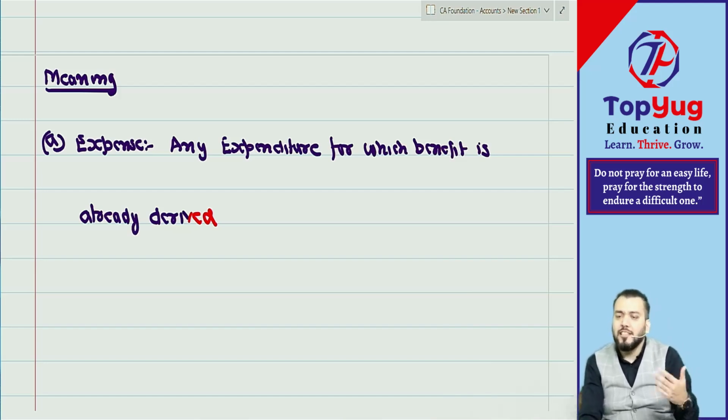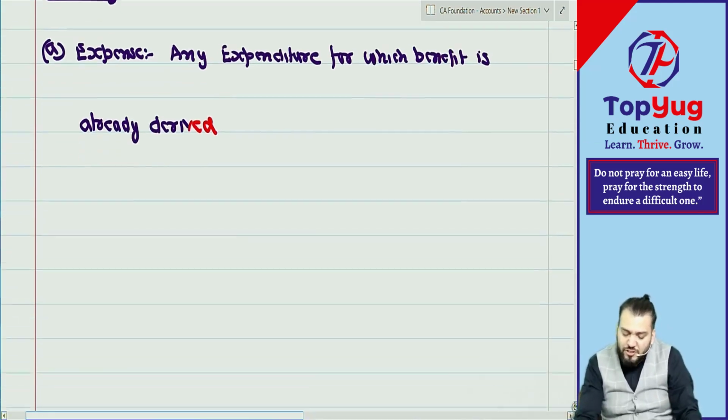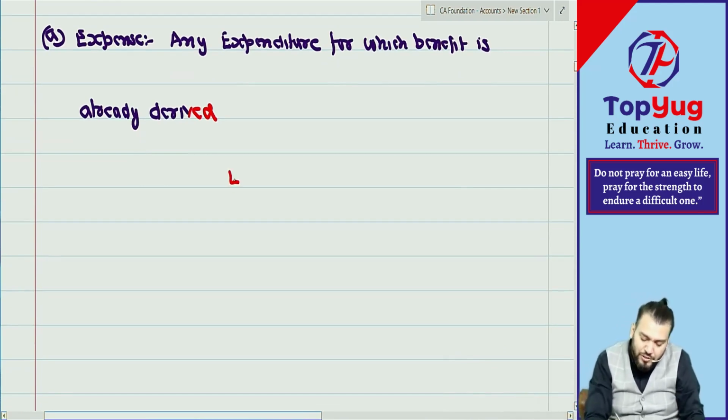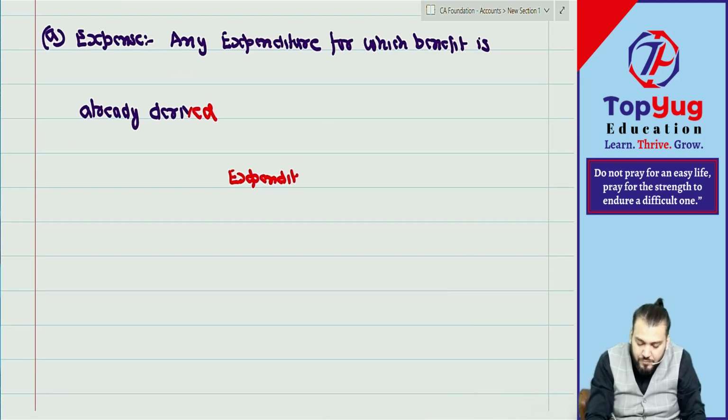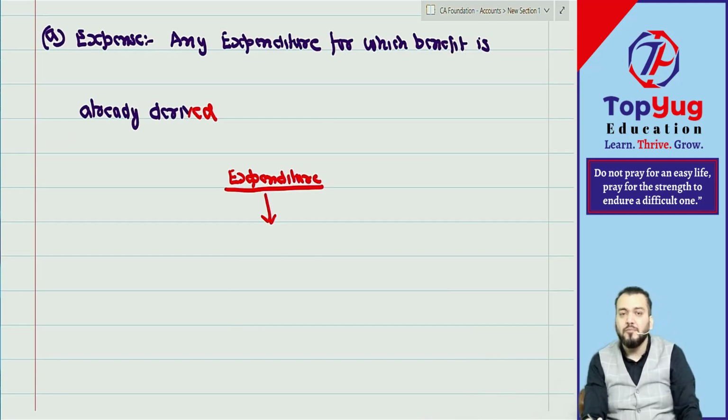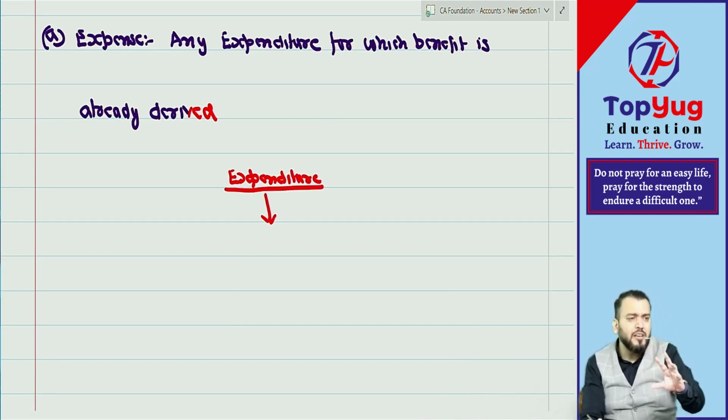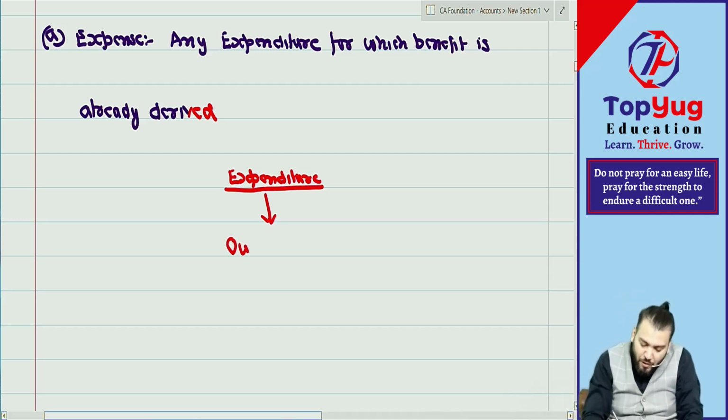Now when I am saying expenditure, let us understand what I want to say. What comes in your mind? If I am saying expenditure, it means outflow of cash, means you are paying something. There is some outflow, there is no inflow.